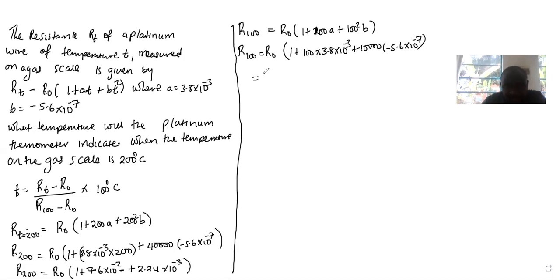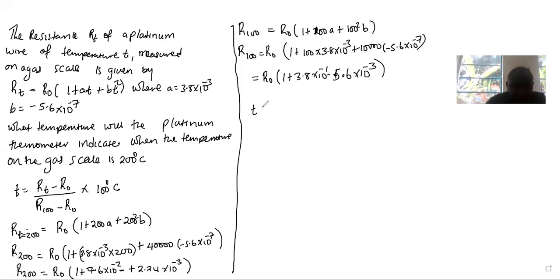So this will take me to R naught into 1 plus 3.8 times 10 power negative 1 minus 5.6 times 10 to the power negative 3.